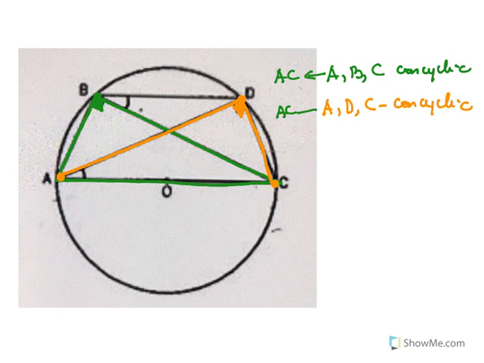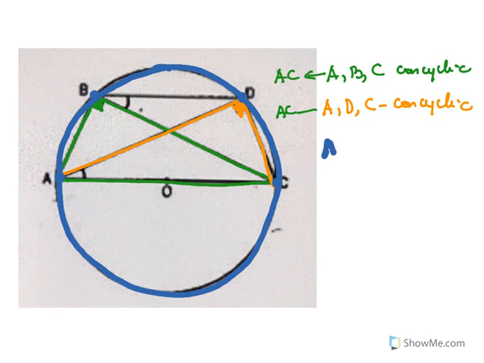So putting both these together, I can say all the 4 points A, B, D, C are concyclic. They all lie in one circle. So here I have one circle. A, B, C, D lie on a circle.